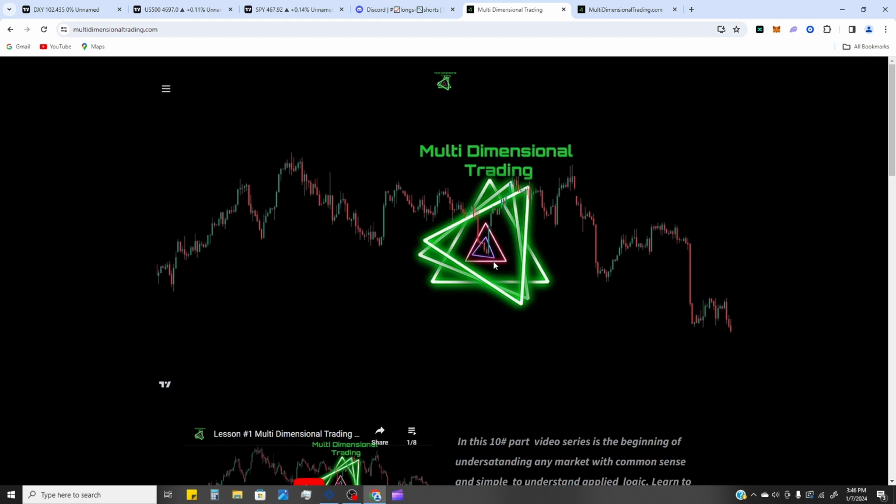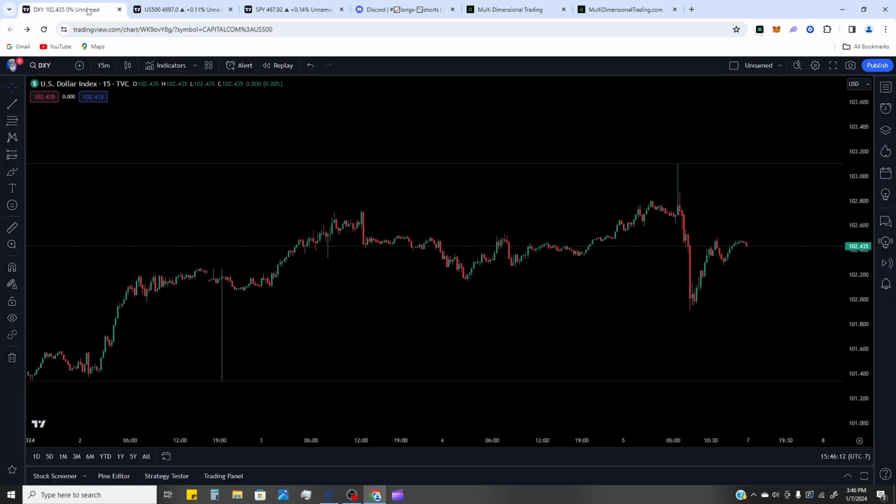Okay, so we can start with the DXY. The DXY is obviously one of my favorite things to trade or to look at because it is the volume of the market. It shows you which direction the market is going in, whether it be gold, the S&P, or Forex euro dollar pairs.